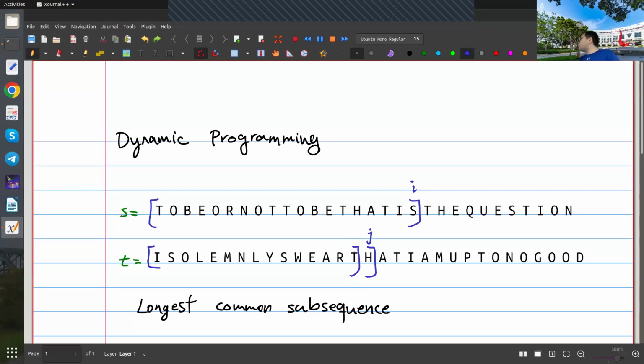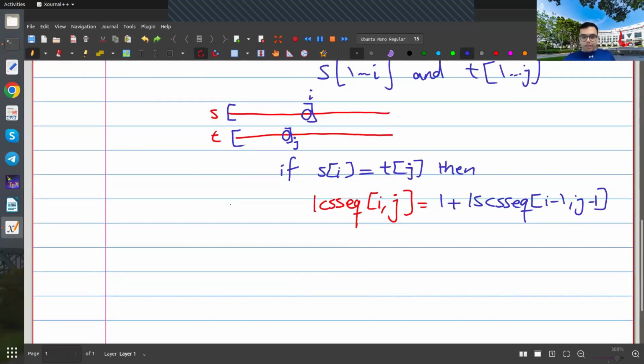So it's one of these two cases, and I don't know which one is going to be better, but I can just take the maximum, right? So I say otherwise, the length of the longest common subsequence from the first i characters of s and the first j characters of t is just the maximum of the same thing.